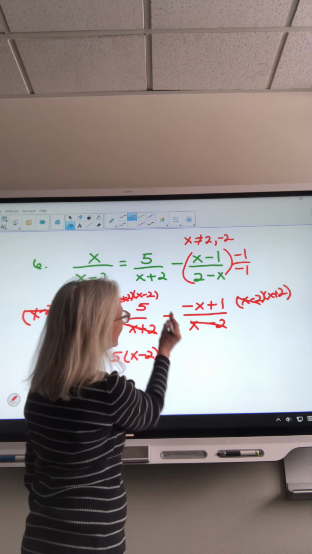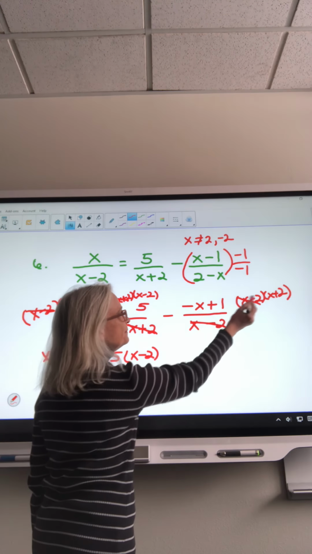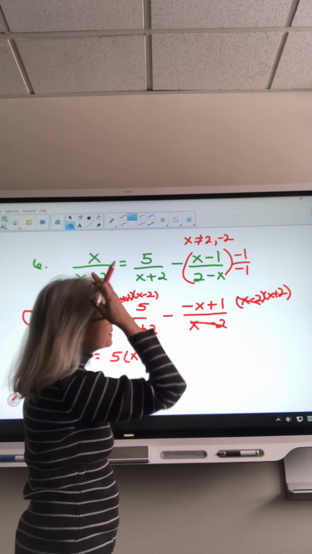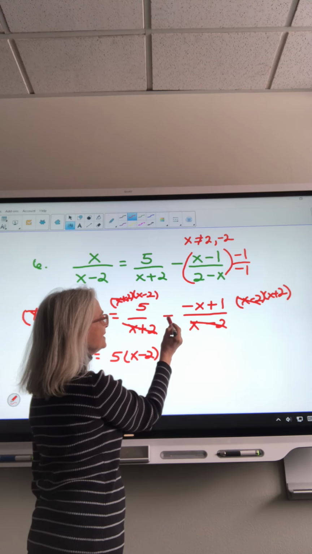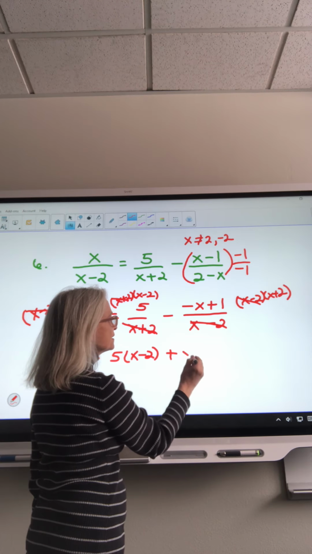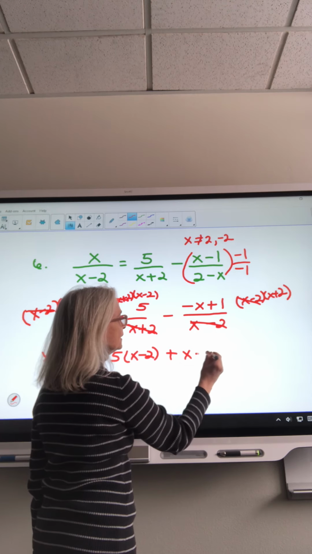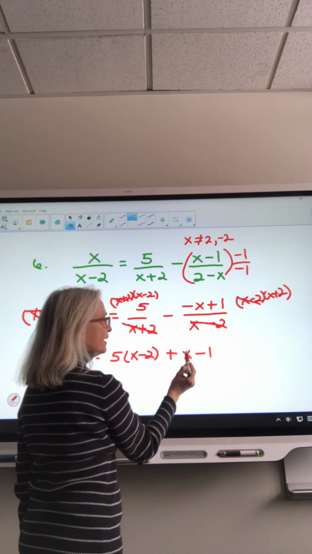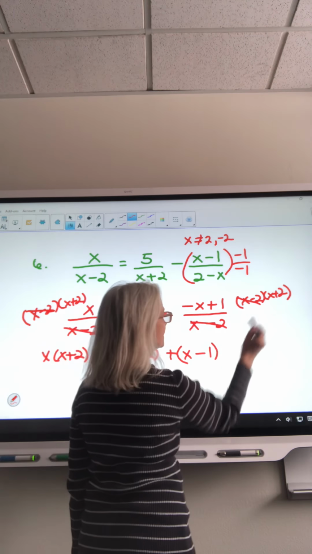And so I can't just forget about this negative sign. So before I multiply it times the x plus 2, I'm going to use this negative sign. So it's going to be a negative times a negative, which gives me a positive x. And then a negative times a positive 1 would give me a -1. So now I have a positive x minus 1 times x plus 2.